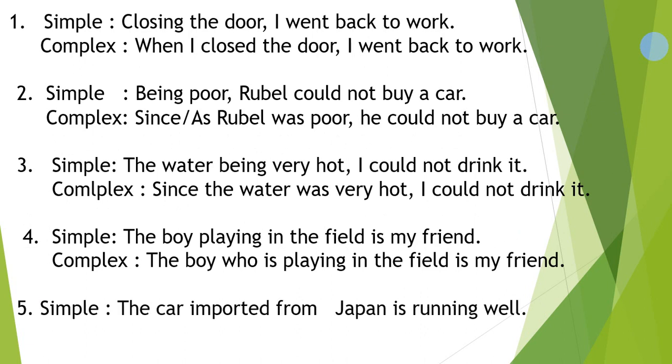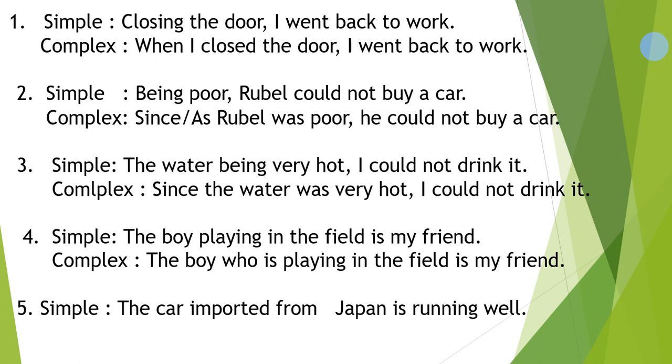Serial number 5. Simple sentence: The car imported from Japan is running well. Rule: If the simple sentence is done by adding subject or NP plus past participle, it will be transformed into a complex sentence by expanding NP plus past participle into an adjective clause.